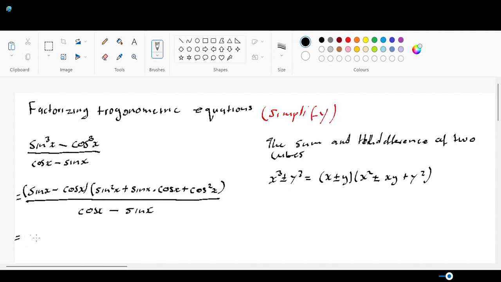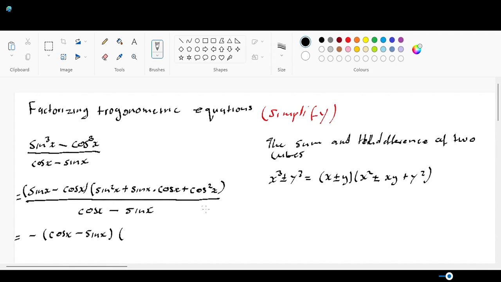Alright, so we are still fine. When you look at our numerator, we do have sine x minus cos x in a bracket, but our denominator is cos minus sine. So we need to manipulate one there. You can take out the negative sign, negative 1 by the way, so you're left with cos x minus sine x.